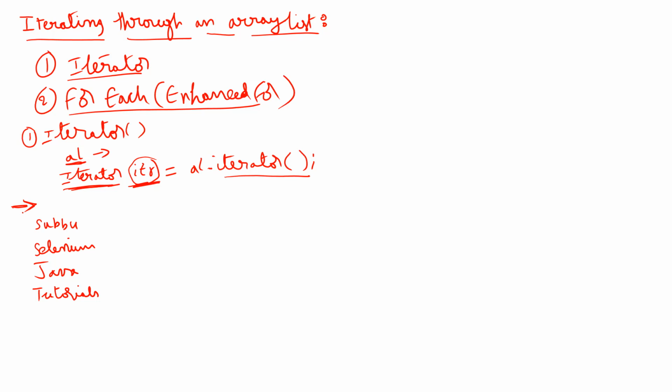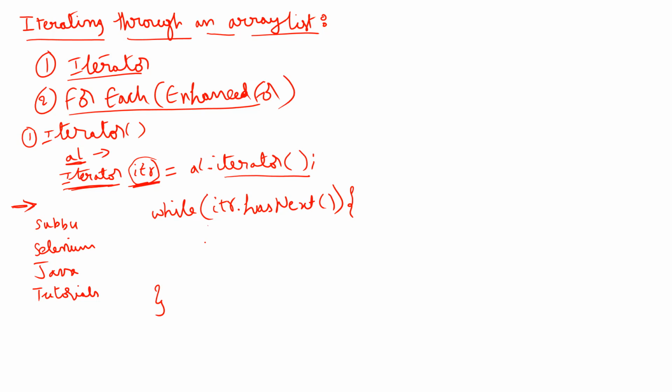Okay. Then what we have to do is we have to use a while loop here. While ITR, it has a method called hasNext. So hasNext means it checks whether we have a next element or not. So we have a next element.